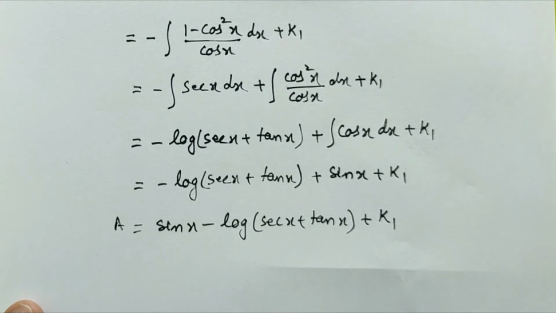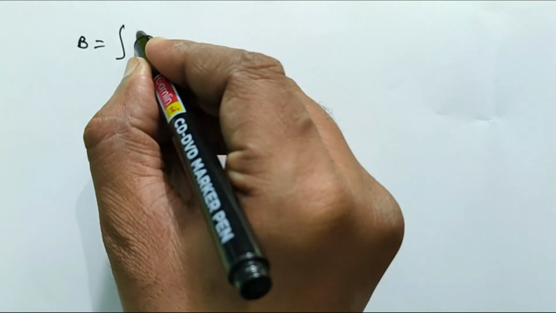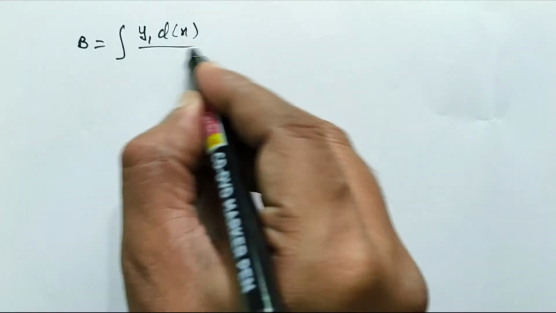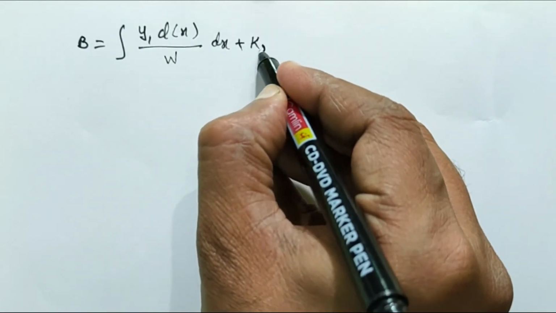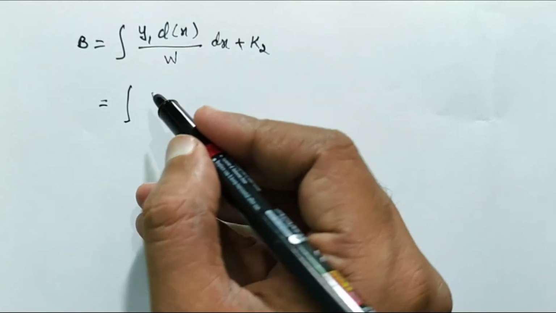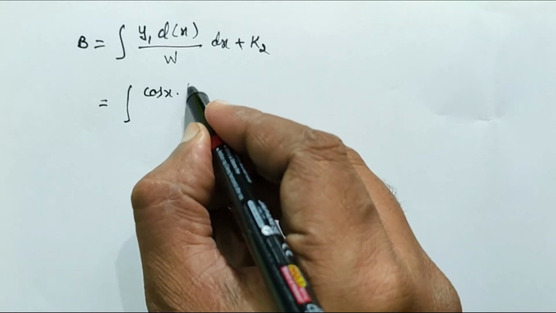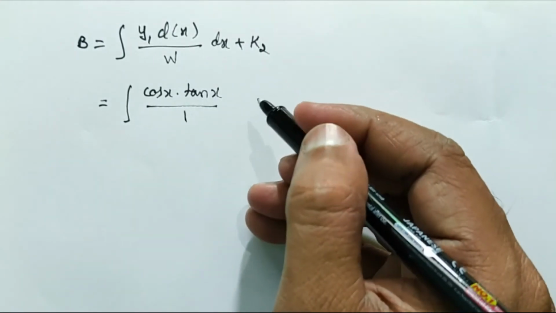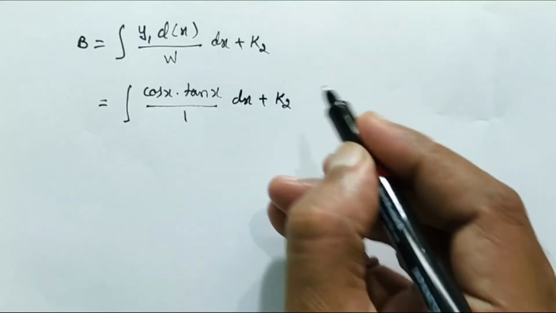Now we need to evaluate the value of b. The value of b is integral of y1 phi of x divided by w, times dx plus k2. So this is nothing but integral of, the value of y1 is cos of x, into phi of x which is tan of x, divided by w which is 1, into dx plus the constant k2.